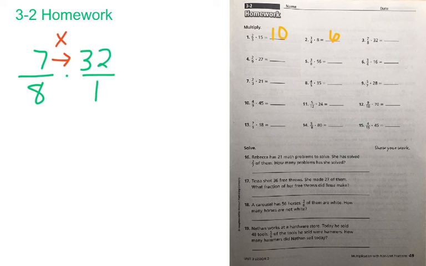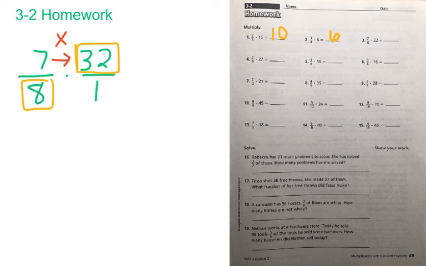We did this in our first unit, and what we're going to do is cross-reduce here. We have a denominator here of 8. We have a numerator here of 32. And I can figure out how many times 8 can go into 32 because it goes into 32 evenly. 8 times 4 is 32.